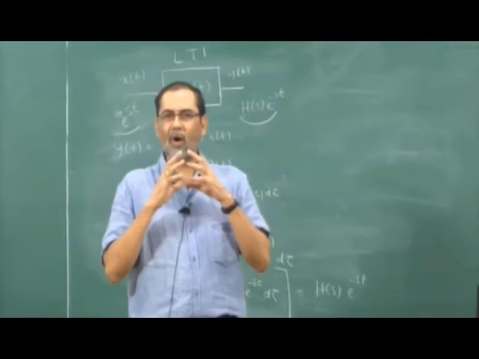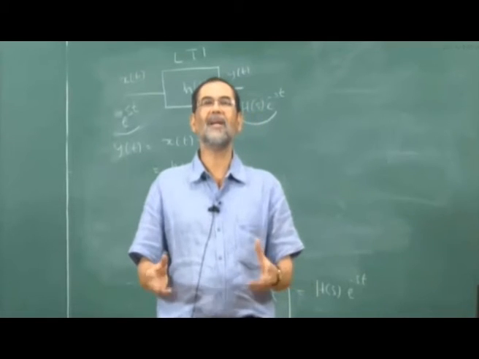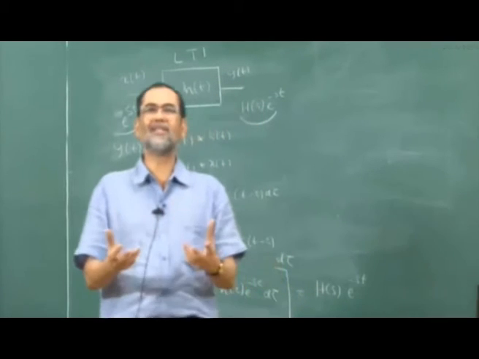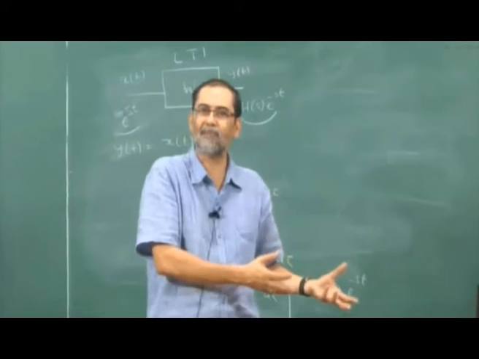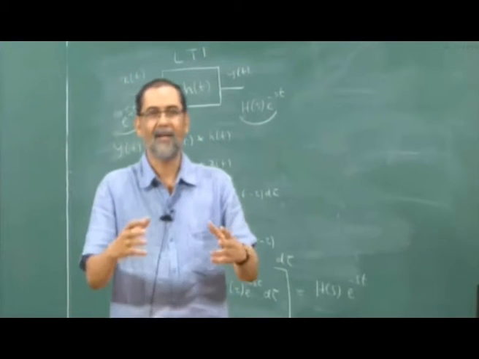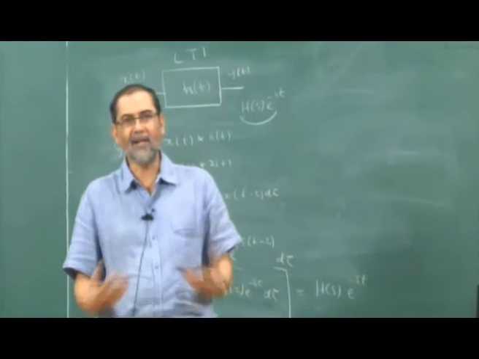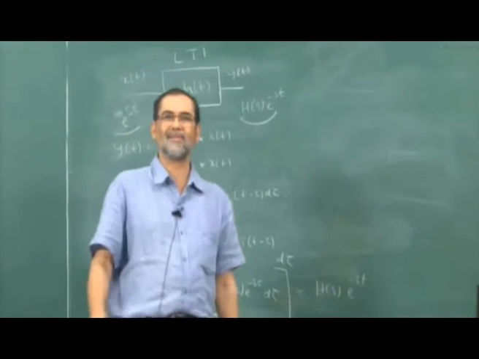They do not change the frequency, they do not generate new frequencies. A corollary to this is if a system generates new frequencies which are not present in the input, then it cannot be a linear time invariant system. It has to be necessarily a linear time variant, or a non-linear system.